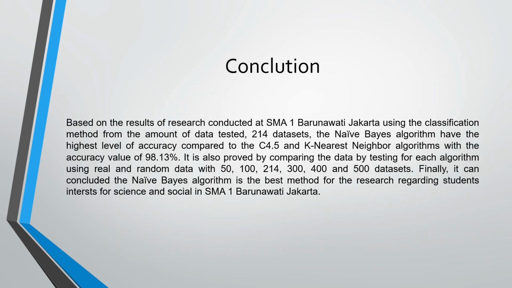Conclusion. Based on the results of research conducted at SMA 1 Barunawati, Jakarta, using the classification method from the amount of data tests of 114 data sets, the Naive Bayes algorithm has the highest level of accuracy compared to the C4.5 and the K-Nearest Neighbor algorithms, with an accuracy value of 98.13%.